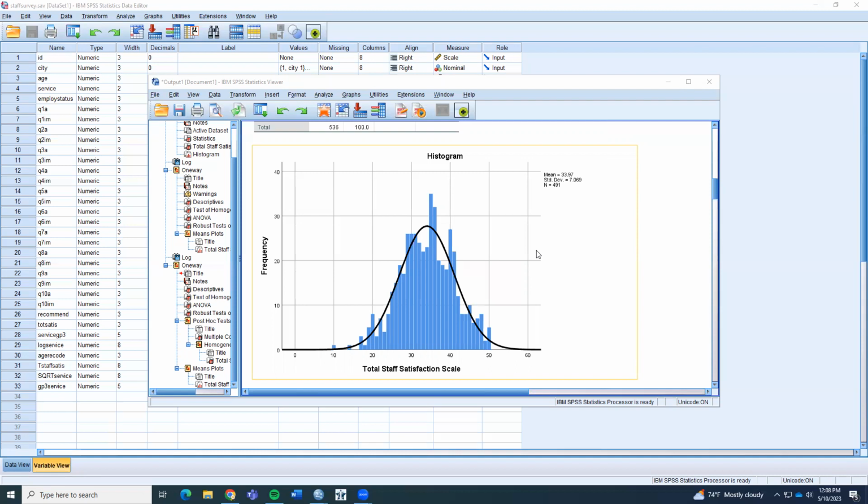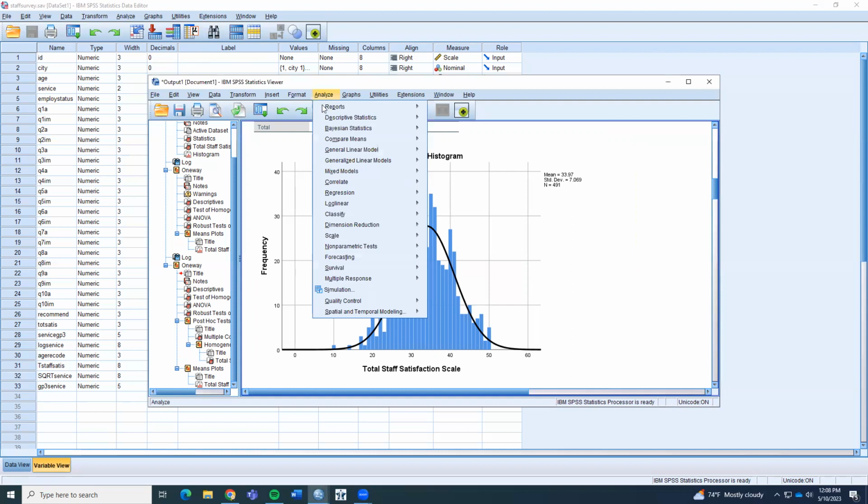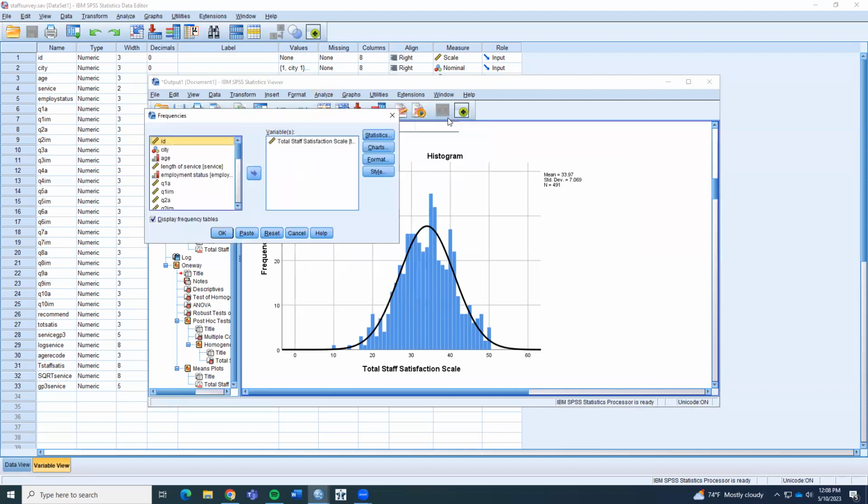So again, first we're going to check for normality. And so what we do there is to go from analyze to descriptive statistics, and then frequencies. And from there, we are going to move the total staff satisfaction scale into the variables box.